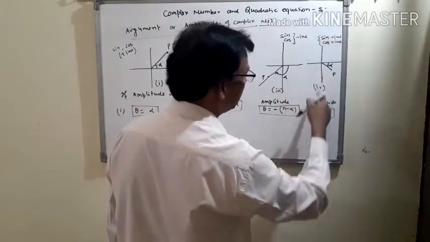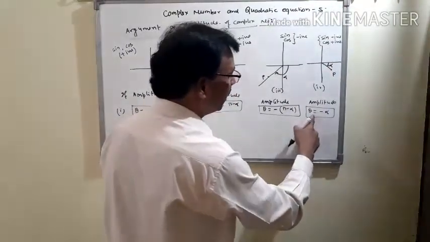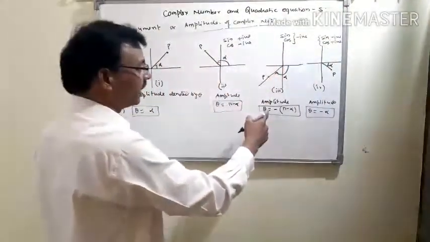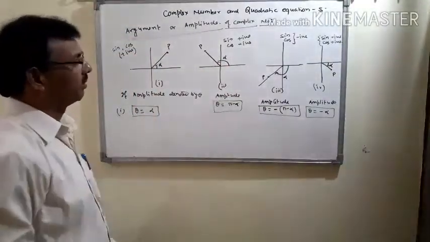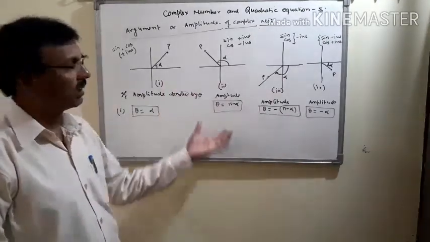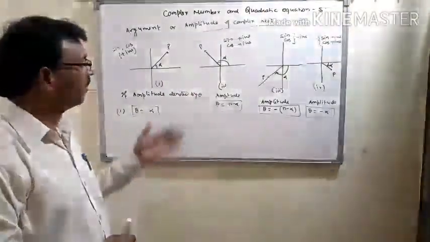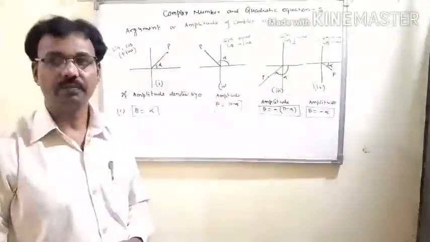Then in this situation we will apply this formula, in this situation this formula, and in this situation this formula. With these formulas or this concept, you can find the amplitude of any type of complex number.